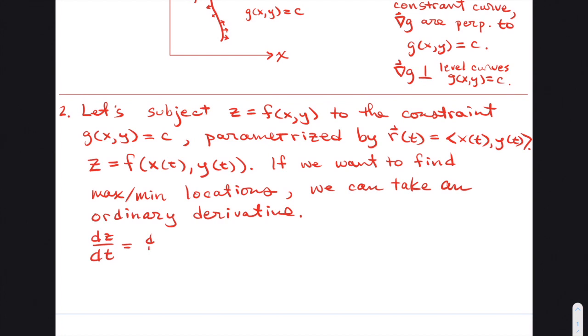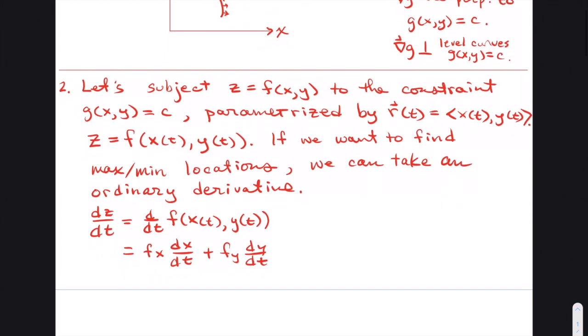So that would be the derivative with respect to t of f of x of t, y of t, and of course this is another chain rule, so we'll do f x times d x over d t plus f y times d y over d t, which is equal to f x comma f y as a vector dotted with x prime of t comma y prime of t.